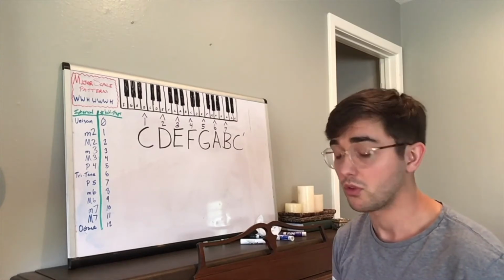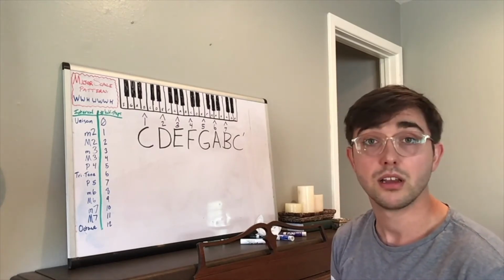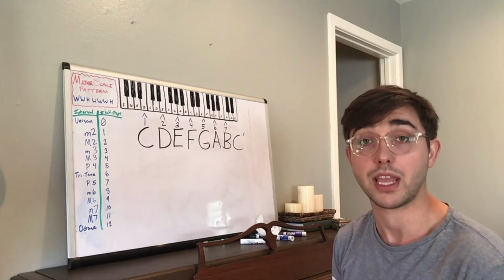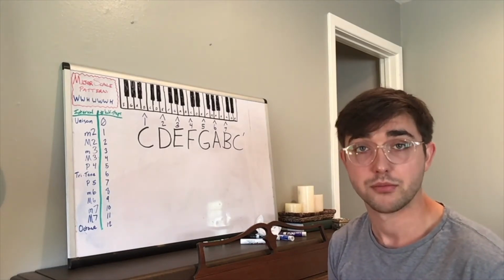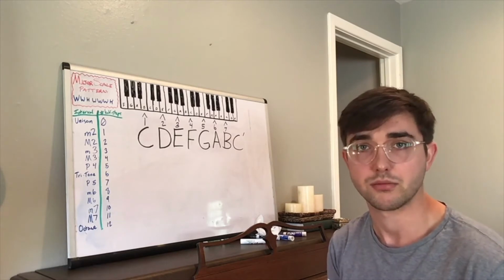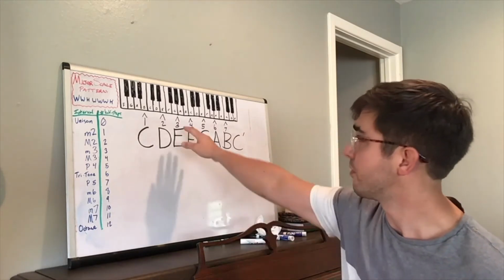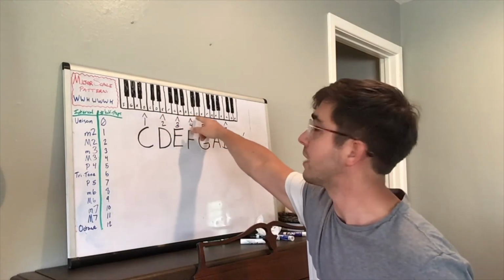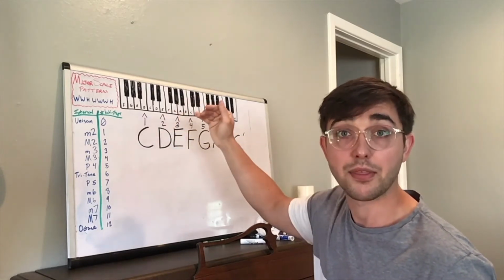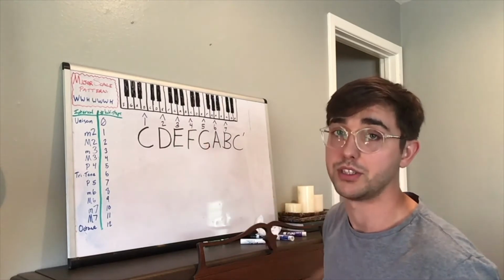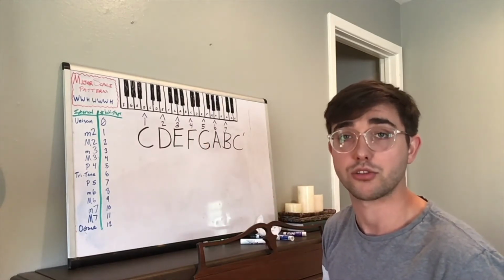And those 7 letter names correspond with what we call unaltered pitches. They're just as they are. These white notes, that's where we have all of our normal letter names assigned, and those are unaltered pitches. The white notes on a piano are unaltered pitches.